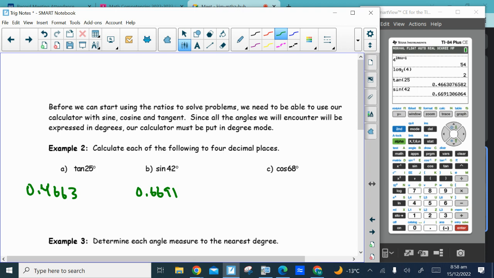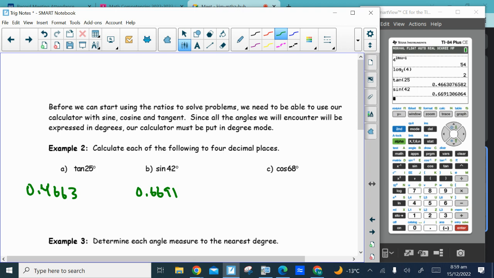Bring it here. So sine of 42 enter. Yeah, so something is wrong here. Looks like it's in degrees, but you're in fixed decimal.